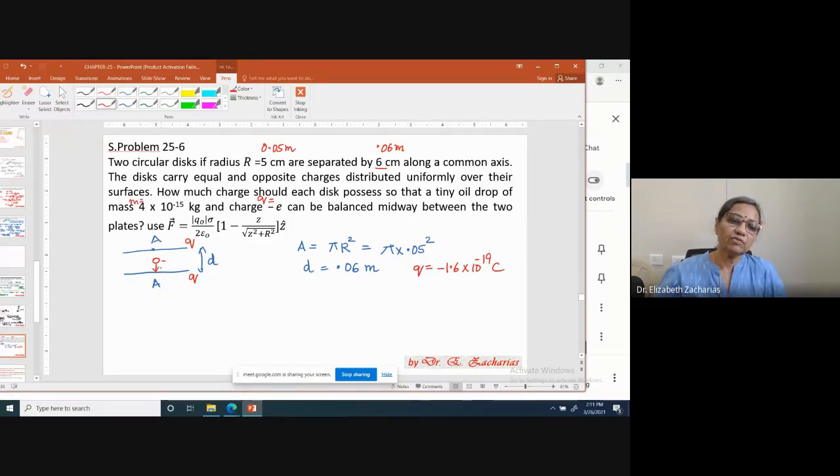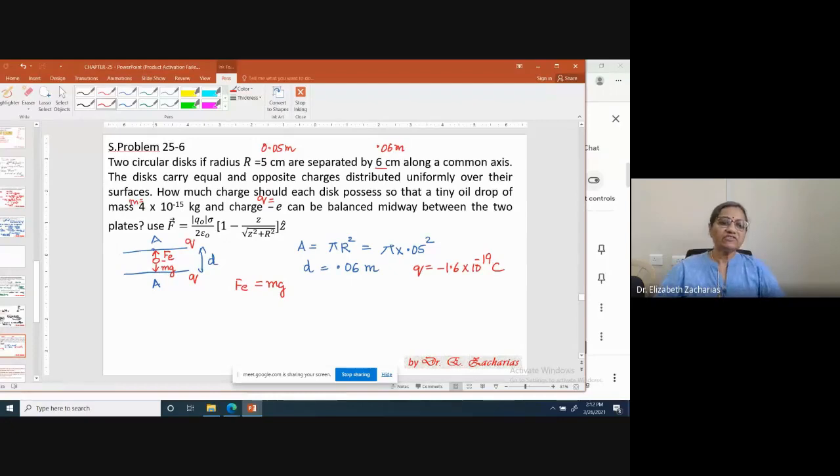It has a mass, so mg is a downward force. And there should be an equal force trying to keep it up. Let me call that force the electrostatic force Fe. So I should have Fe equal to mg. If both of these are equal, then my charge will stay there.